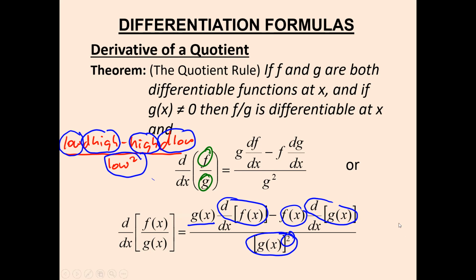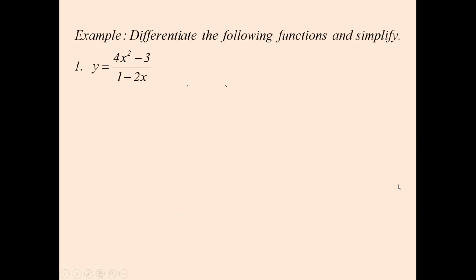For example, we have 4x squared minus 3 all over 1 minus 2x. So we have y prime is equal to, so low is 1 minus 2x times the d high, derivative of high. What do you think is the derivative of 4x squared minus 3? We have 8x, correct.